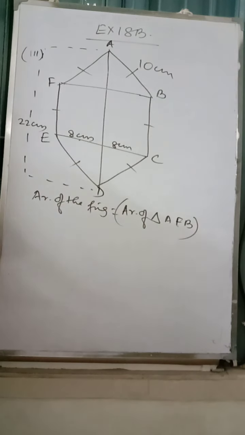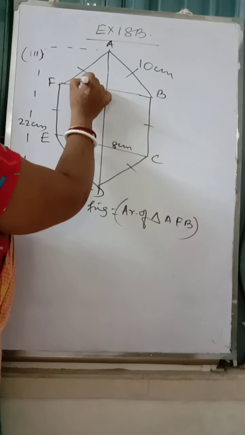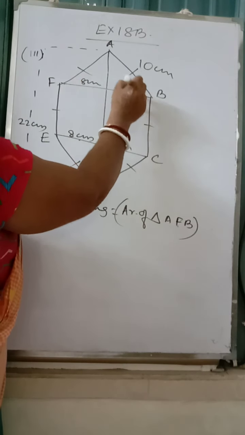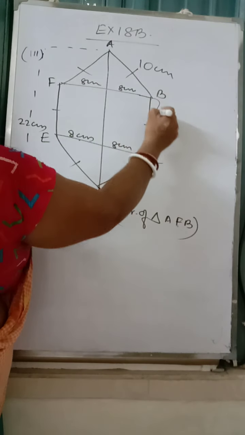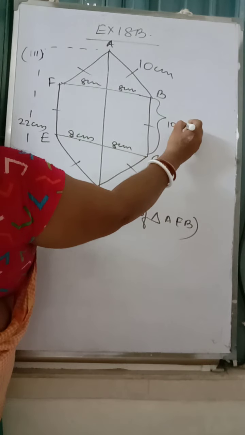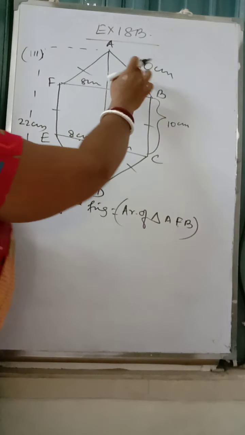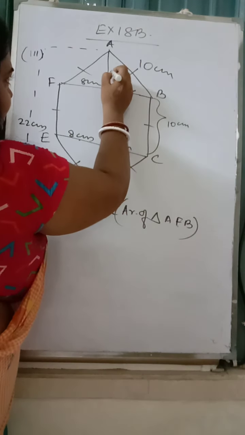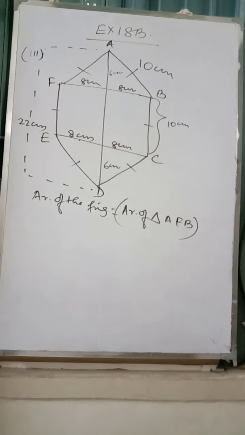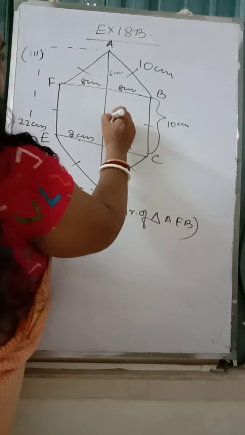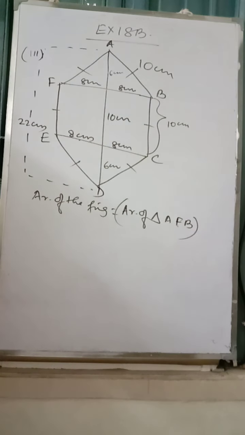One side is 8, so both sides would be 8. This is 8 centimeter, this is 8 centimeter. Now, these sides are equal, so this portion would be 10 centimeter. Now, if it is 10, it is 8, this will be 6. This will be 6. Total is 22. So if the middle is 10, up and down would be 6, 6.